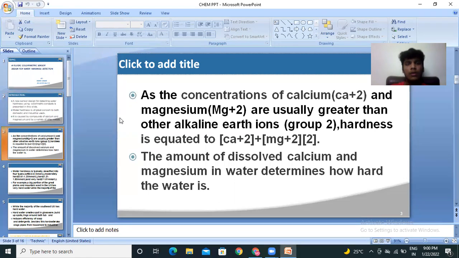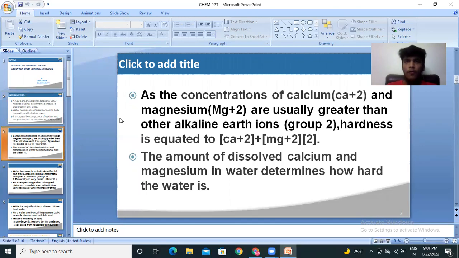As the concentrations of calcium Ca2+ and magnesium Mg2+ are usually greater than other alkaline earth ions, group 2, hardness is equated to Ca2+ plus Mg2+. So here it is given that the concentrations of calcium and magnesium are usually greater than other alkaline earth metals.